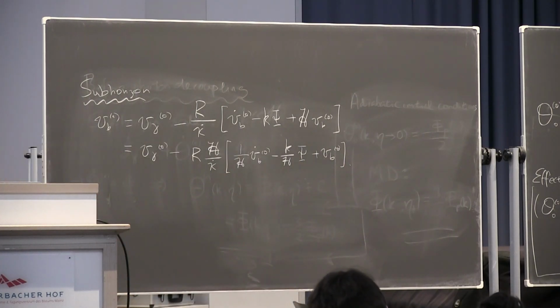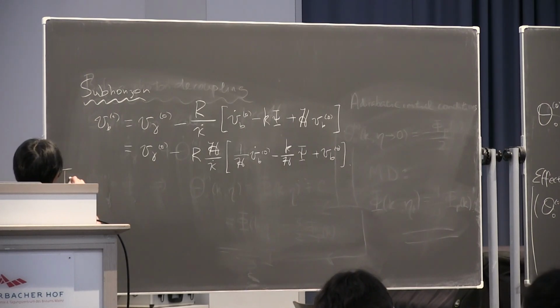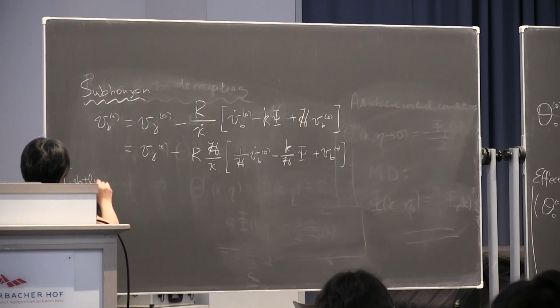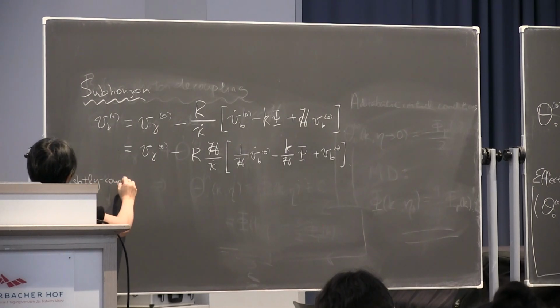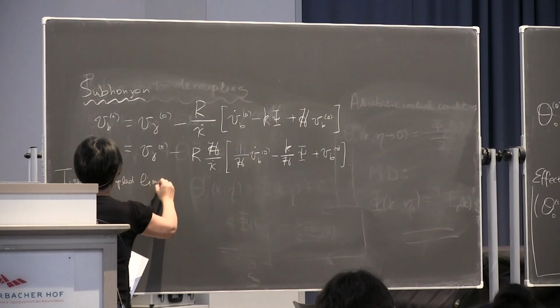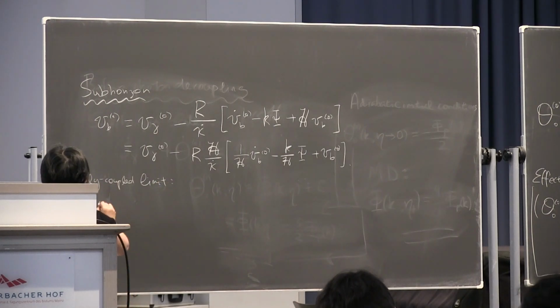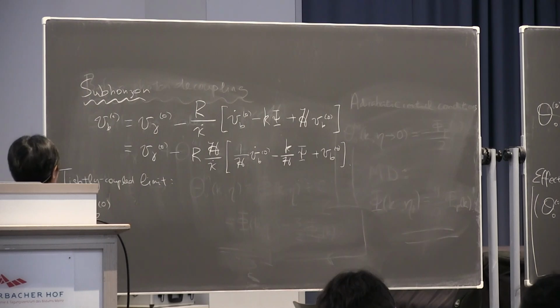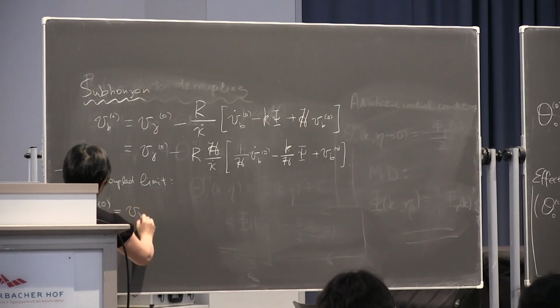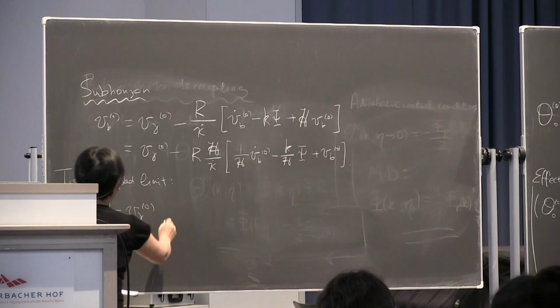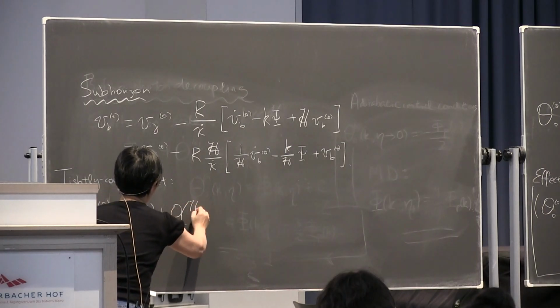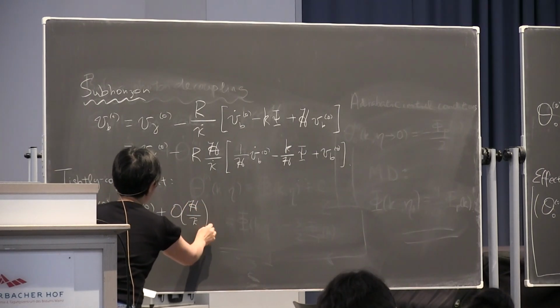Now, the next thing we are going to do is to recognize that if I'm in the tightly coupled limit, what I'm doing essentially is just assuming that V_B is equal to V_gamma naught plus some order H divided by kappa dot corrections, right?